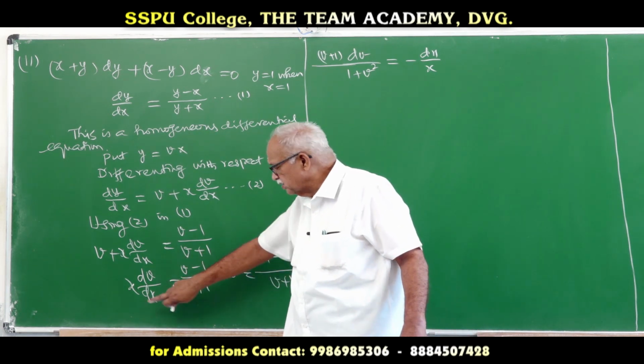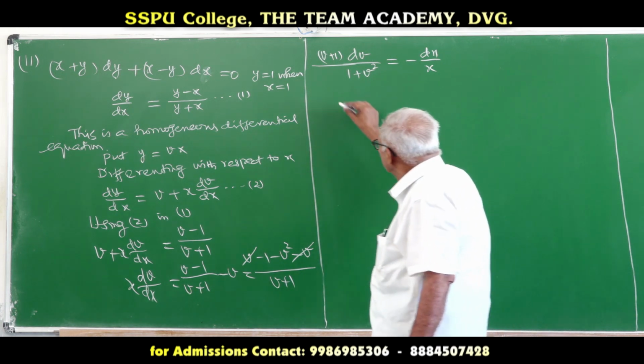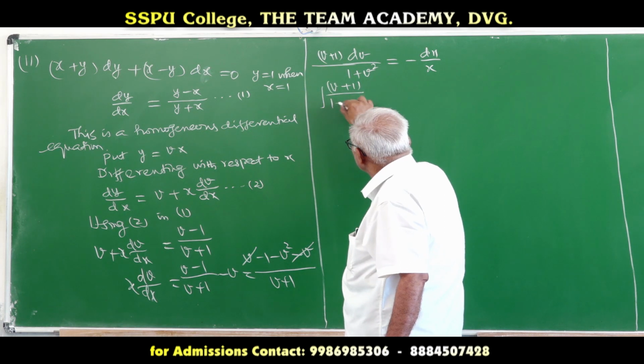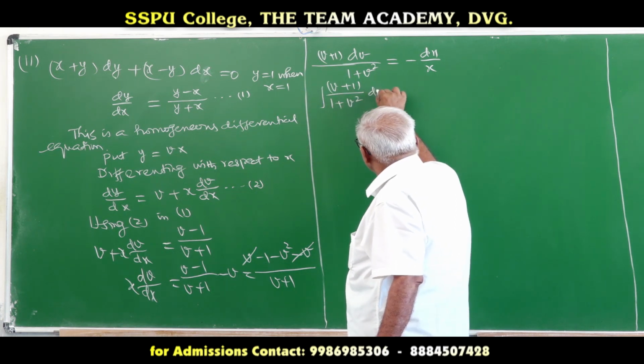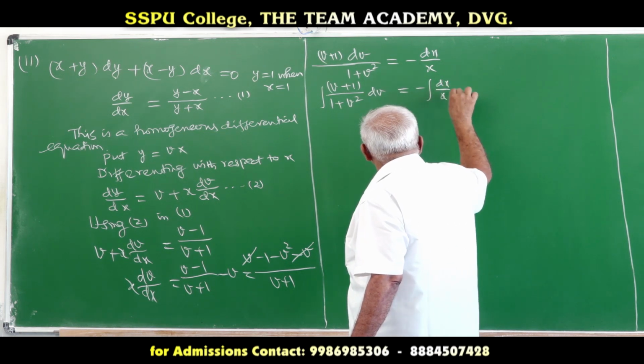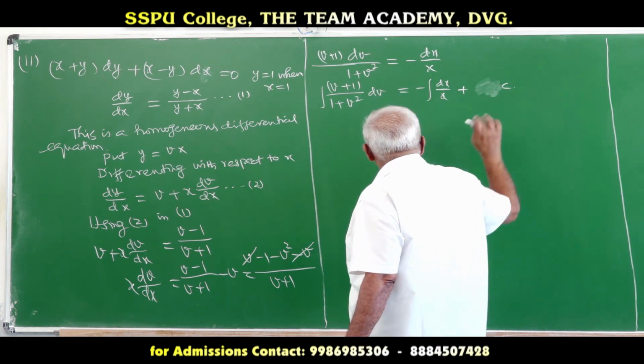When it comes to the other side, it will be dx by x. Now, integrate: integral of (v plus 1) divided by (1 plus v square) is equal to minus integral of dx by x plus constant C.